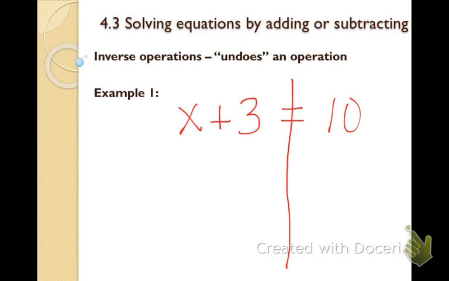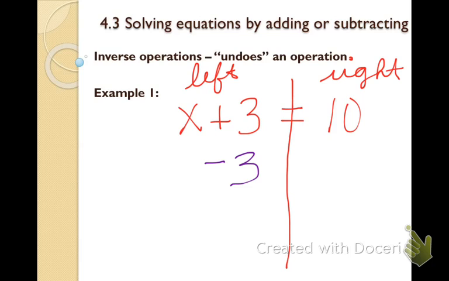So on the left side, I have x plus 3. I want to undo the plus 3. To undo plus 3, I need to minus 3. But I need to do the exact same thing on each side. I need to follow the golden rule.